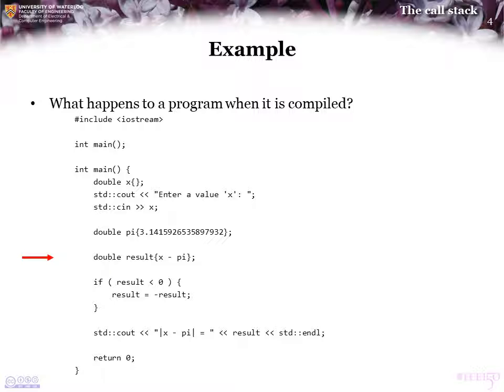We calculate x minus pi and assign that to a local variable result. We check if result is less than 0, and if that is true, then we assign result the negated value of result. In other words, we make the value of result positive. Finally, we conclude by printing out the absolute value of x minus pi is whatever the result is.